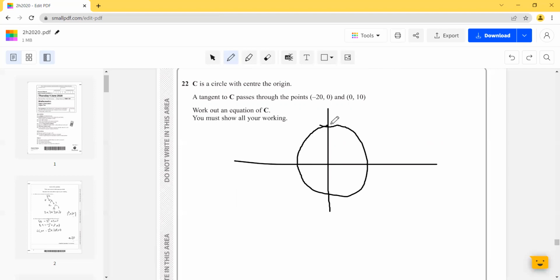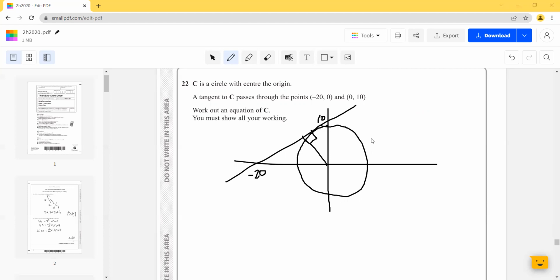Let me draw it carefully. We know that it goes through these points, (-20, 0) and (0, 10). And just as a visual, I'm going to show you that this is 90 degrees.